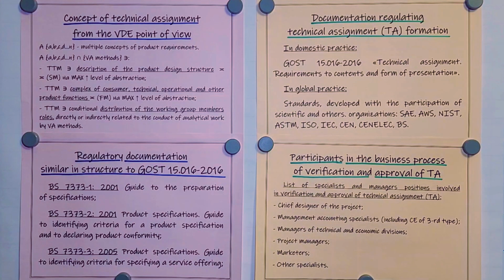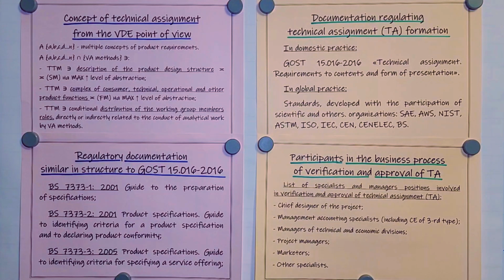In particular, we are talking about GOST 15016, technical assignment requirements for content and design. Below is an analysis of the content of the main section of GOST 15016 with comments of the analogy with the value analysis methodology and the possibility of using data from the relevant section of the technical assignment in the formation of structural and functional models.